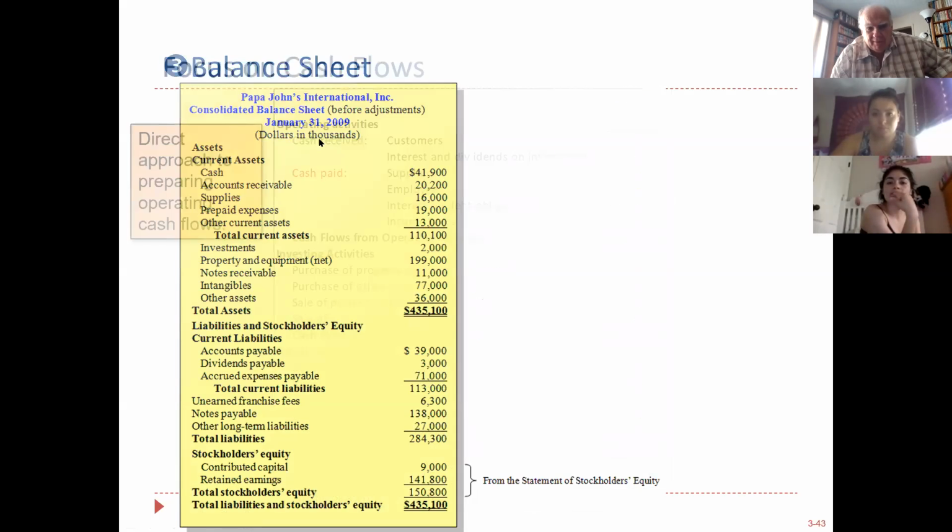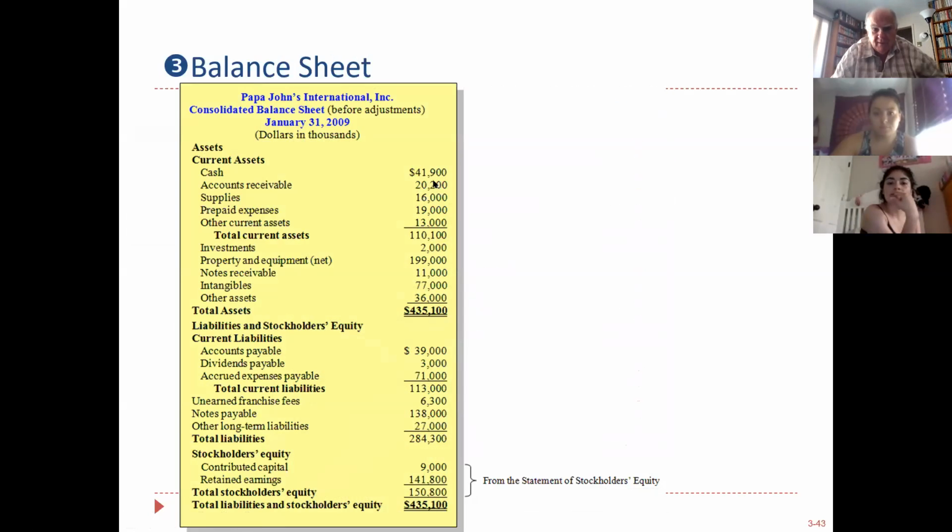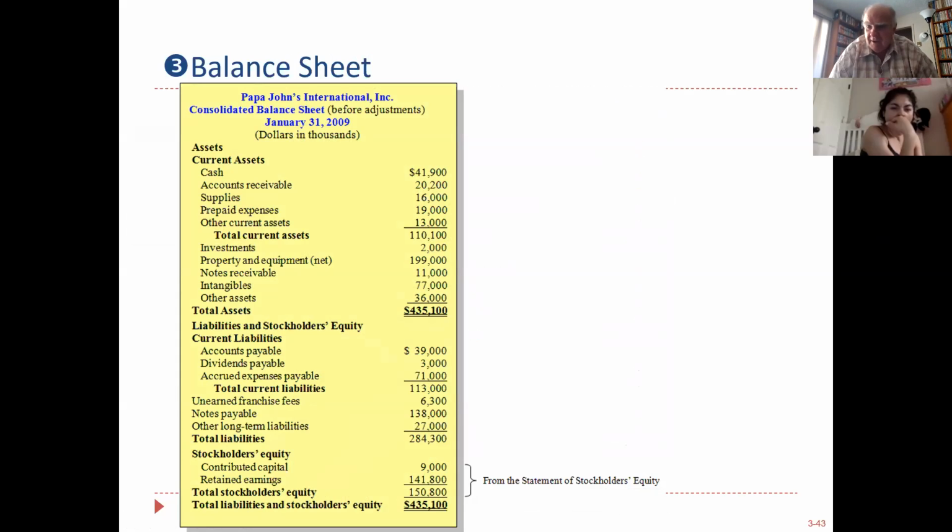This is a snapshot. This is a photograph. This is how much cash you had in the bank at the end of the month, $41,900. Customers owed you $20,200 at that exact point in time, at 11:59.999 at the end of the year, okay?